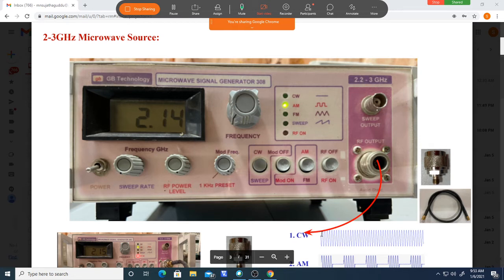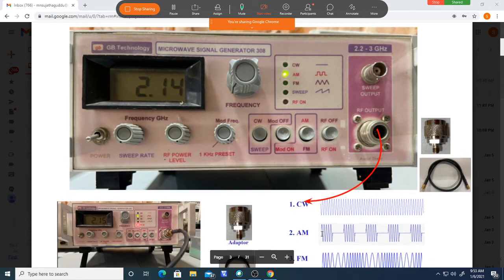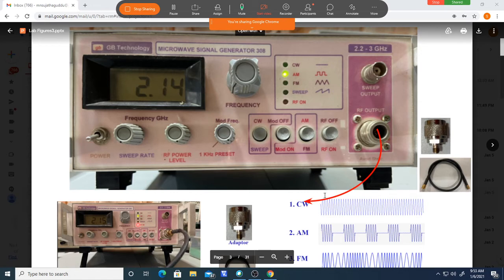Maximum 0 dB, and afterwards it may be 0.8 volt, 0.7 volts, 0.5 volts. 0.8, 0.7 means it is a negative value, minus 30 dB, minus 20 dB, like that. That much power we are getting from here, that we can adjust using this.